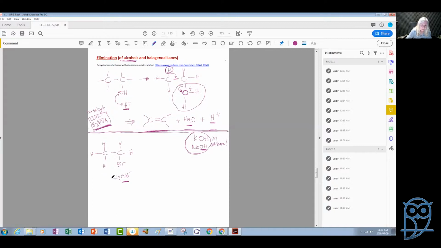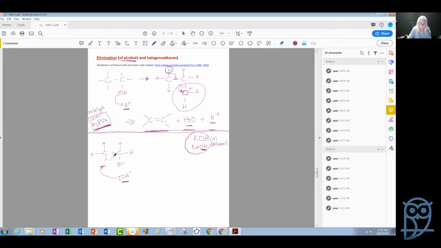So this, in other words, will attract this hydrogen, and at the same time, a pair of electrons that form the covalent bond between the carbon and the removed proton form a double bond between the two carbon atoms.